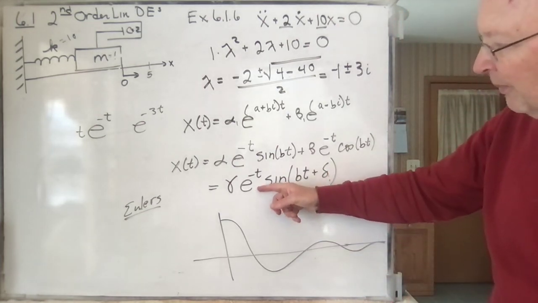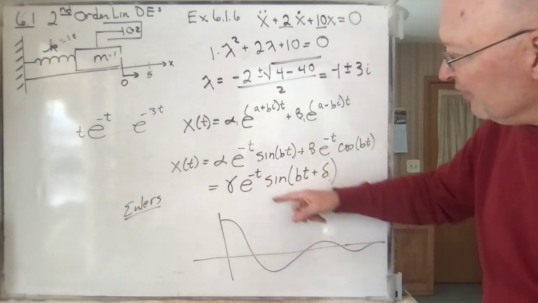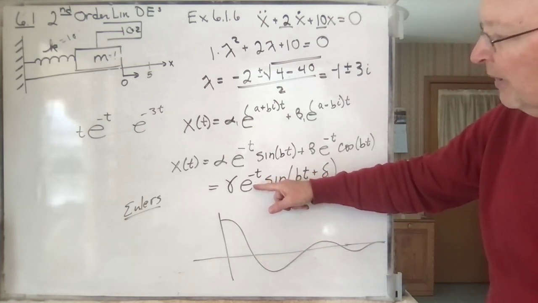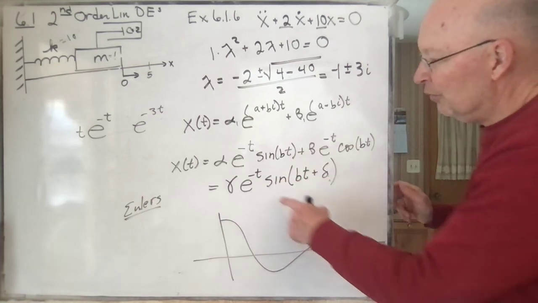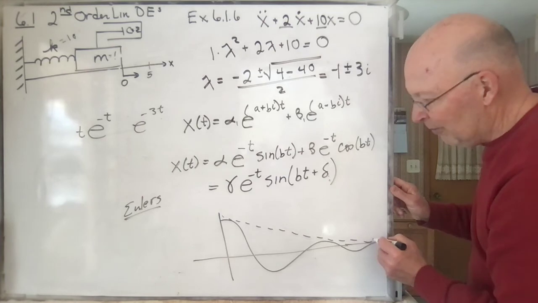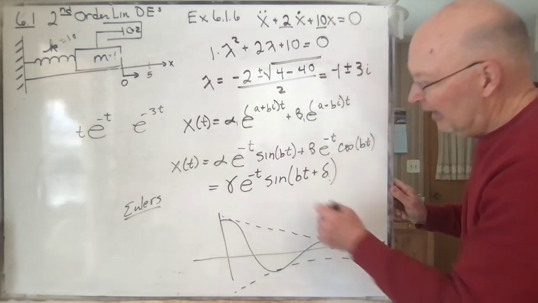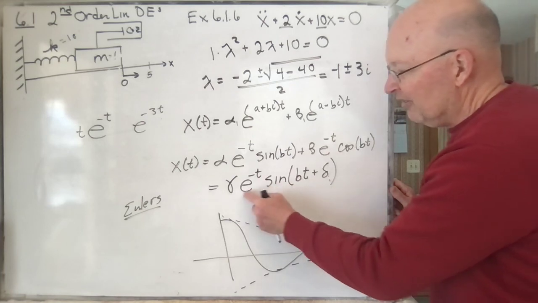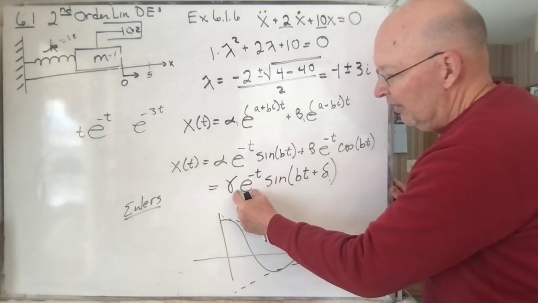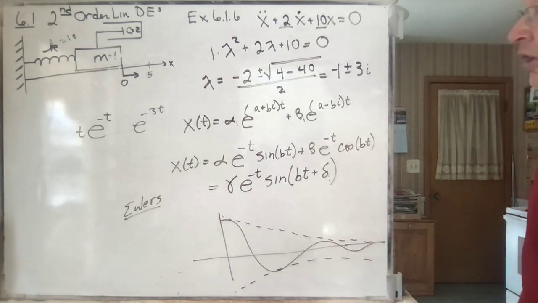Do you remember this from pre-calc? This is going to be a sine curve which oscillates, but this is going to be your amplitude. So your amplitude is e to the negative t, and that's going to look like this. It's going to keep getting smaller and smaller. If you take the negative of it, it's going to look like this. And so this sine graph oscillates within this envelope, and it just gets smaller and smaller as you go.